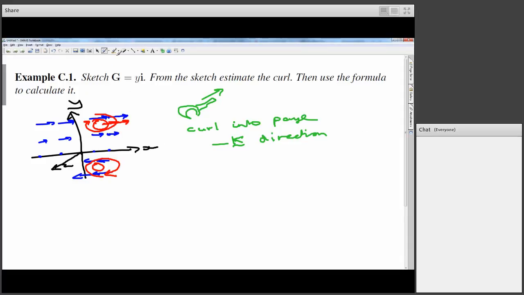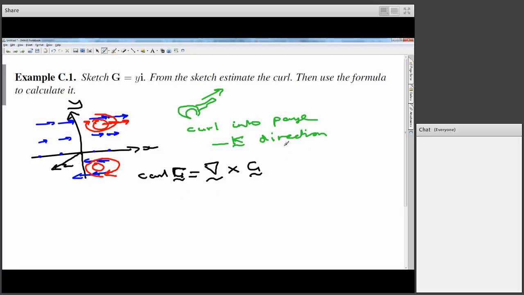In how you work it out analytically, which is what you need in your assignment at least, the actual curl of a vector field, G in this case, is mnemonically, a way of remembering it, doing a cross product of the differential operator nabla and G. So let's write in a few things.